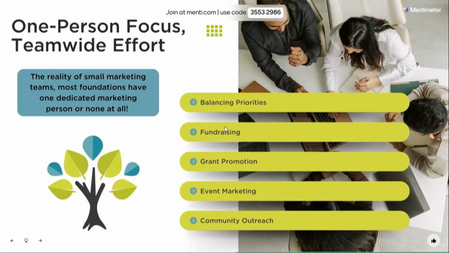Okay, so one, maybe two, three. So balancing the priorities and fundraising and grant promotion, event marketing, community outreach, all of these things are something that typically, yes, a marketing person would handle, but what we'd like to focus on today is really everyone on your team is going to have a role in this.